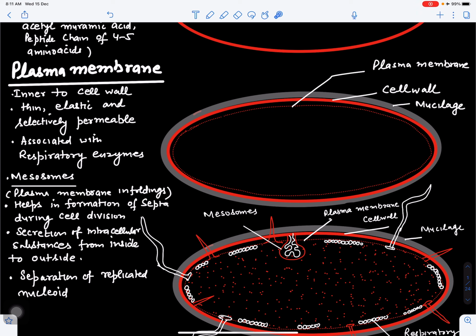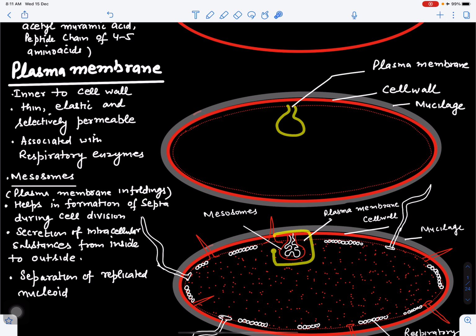The outermost covering outside the cell wall is the slime, capsule or mucilage covering, and this will prevent the internal parts of the bacteria from desiccation and drying, and it will also give protection to the internal things. Next, at this point, the plasma membrane is showing enfolding, right?